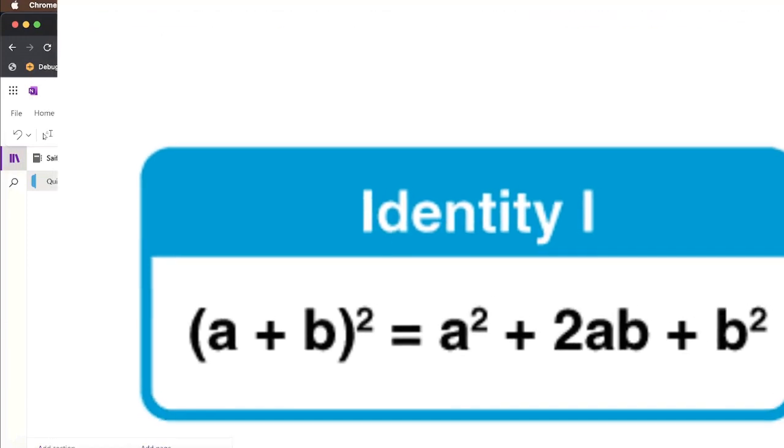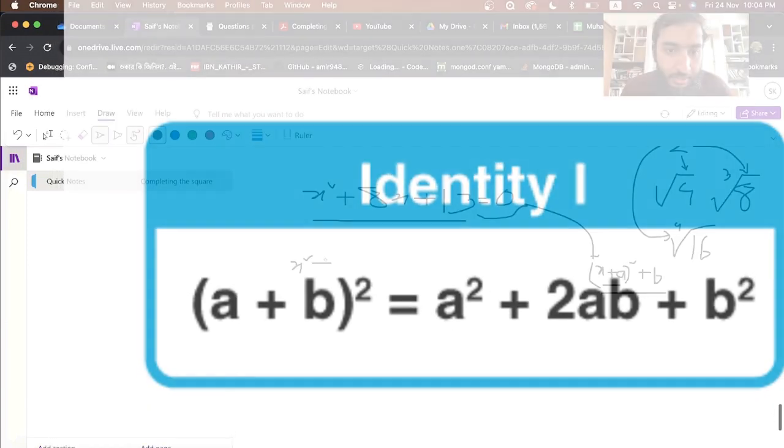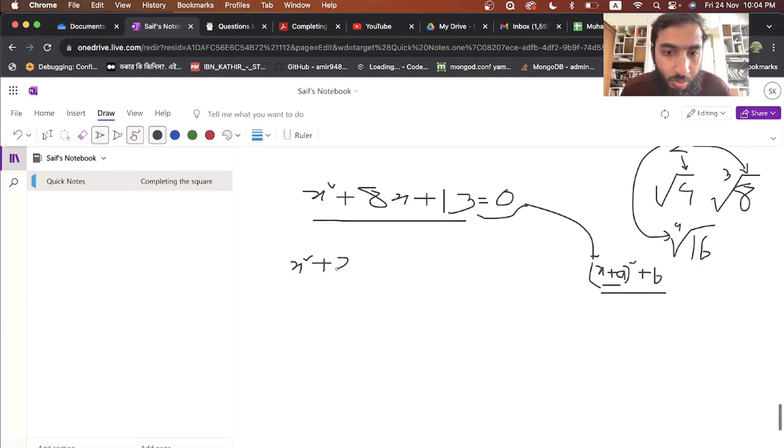So I can write x square plus 2 multiplied by 4 dot x, because there is 8x. So the multiplication is 8x, plus, because I used 4, I have to use 4 square. So 4 square is 16.